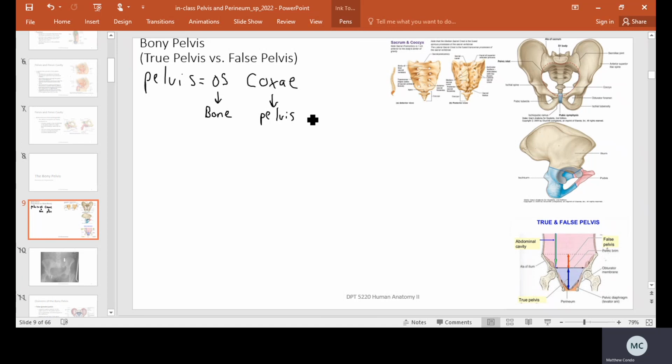Okay? Now think back to what I just said about my hips. And now they're in a different position because my pelvis has changed position. Where's this hip? Little flexion. What else? External rotation.